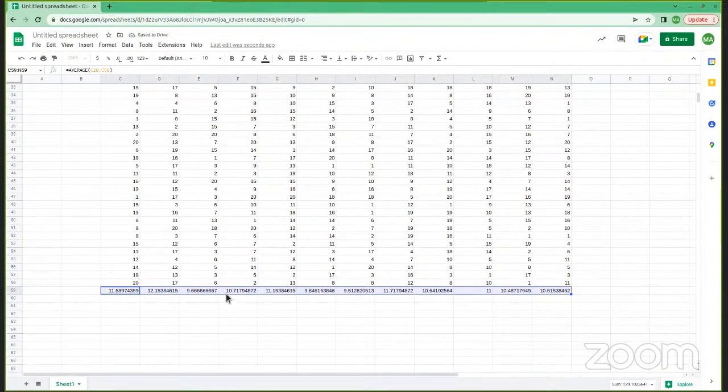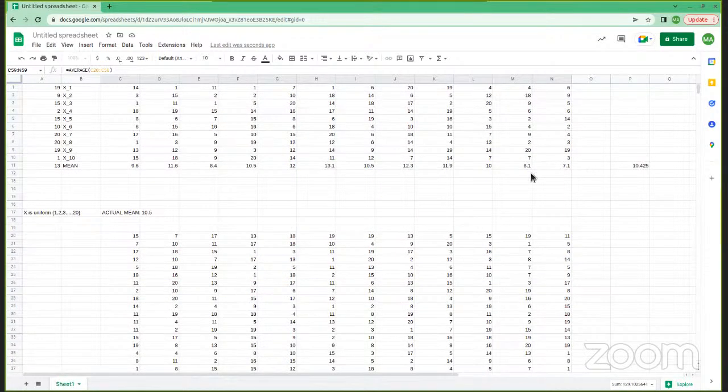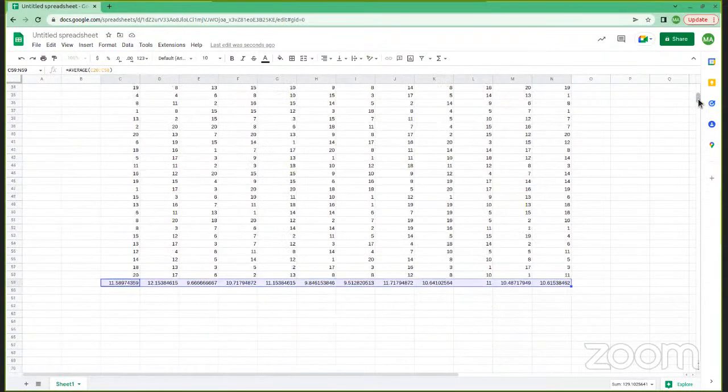You see now, how are these sample means? 11.58, 12, 9.10, 11.9, 9, 11, 10. You need to take the mean of all these means. See, these are pretty much nearer to 10.5 than these values. There are some 8.1s here, 8.4s here, which are very far from the actual mean. But if I increase the number of samples, my mean is actually 9.66. 9.5 is the least one and 12.12 is the highest one.